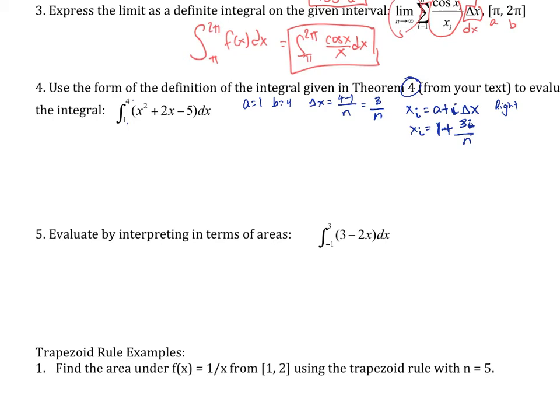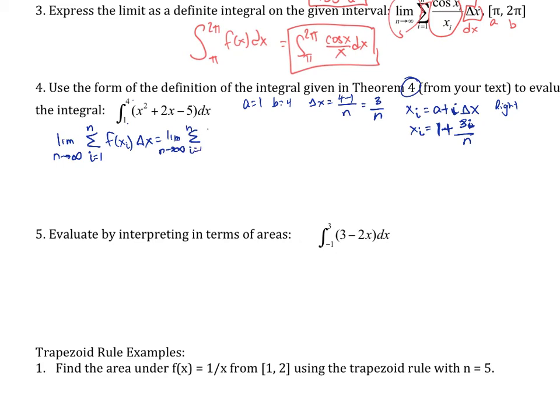All right, so now let's see. We have the limit as n goes to infinity of the sum from i equals 1 to n of f of x sub i delta x. So that's the limit as n goes to infinity of this summation, i equals 1 to n. And now let's put in our f of x sub i.